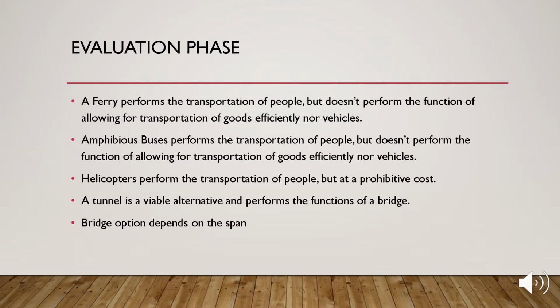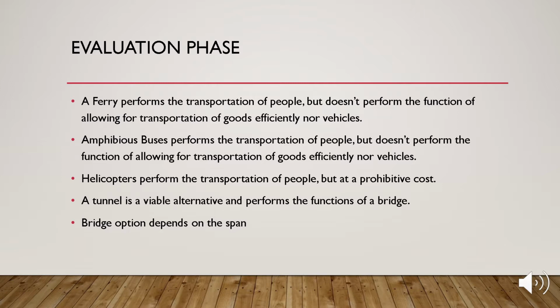Now, once you've completed the creative phase, you can move on to the evaluation phase. In the evaluation phase, you'll basically evaluate all those ideas that you came up with in the creative phase. And that will filter out the bad ideas or the ideas that don't address the functions that you came up with in the information phase.